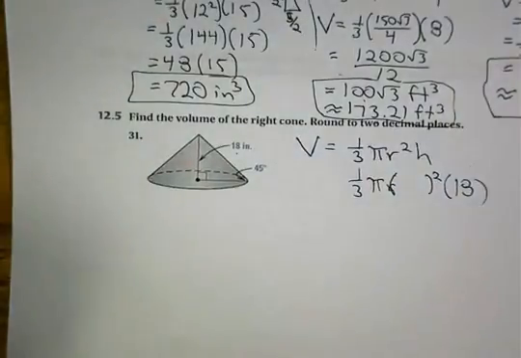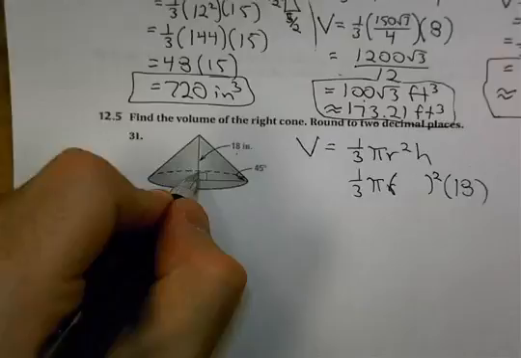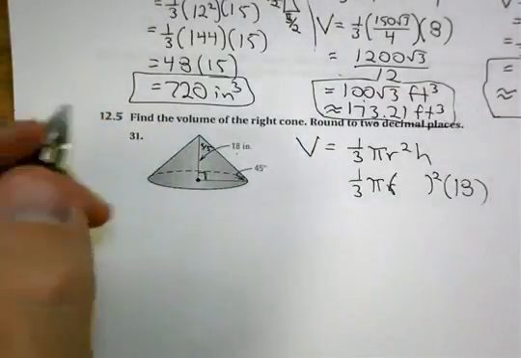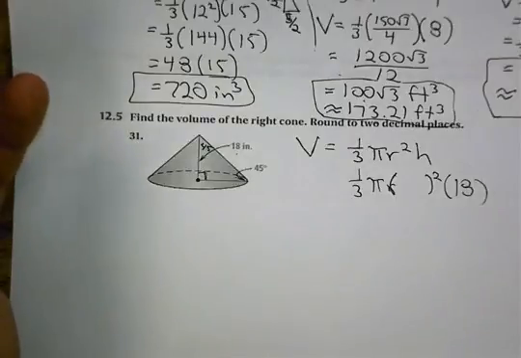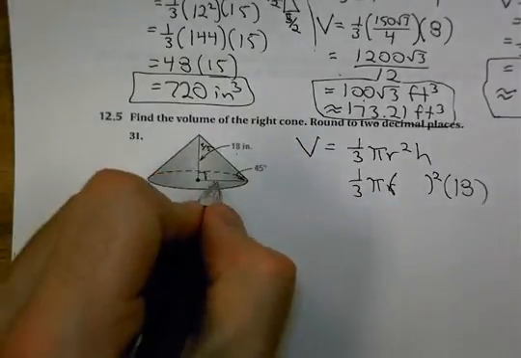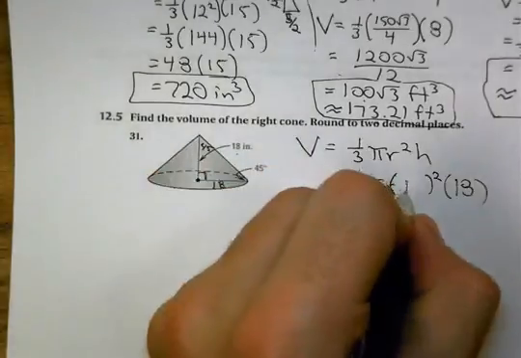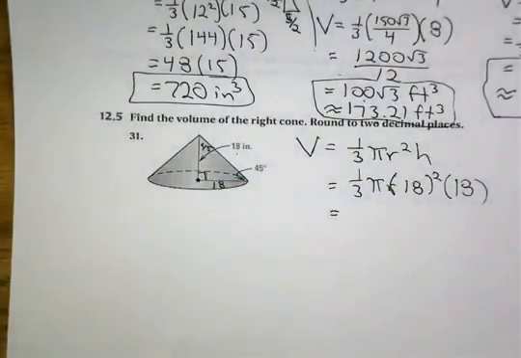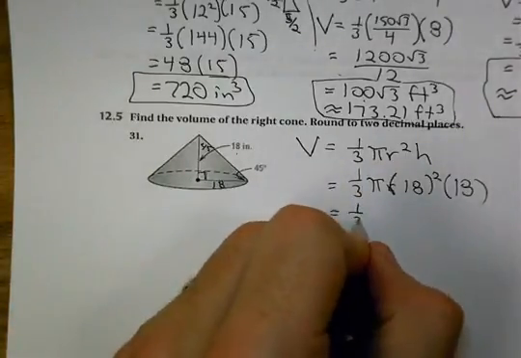And this is where they give us a special right triangle. Now you may remember if this is 90, this is 45, this angle will also be 45, which doesn't mean we have to use a trig ratio because this is in fact an isosceles triangle. So this would also be 18. So I have 1/3 pi times 18 squared times 18. 18 squared is 324.